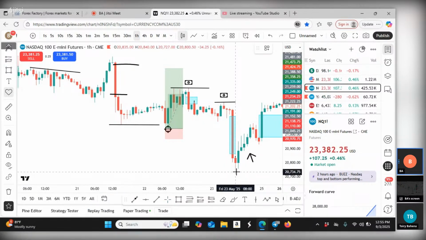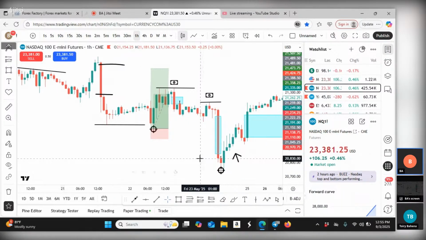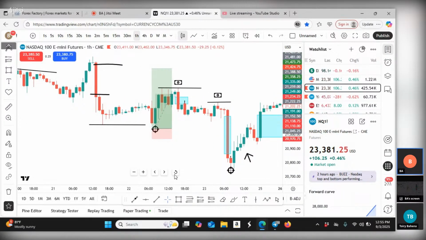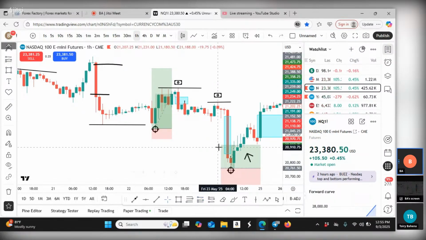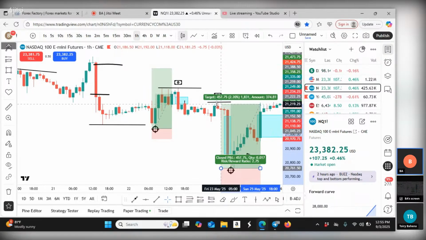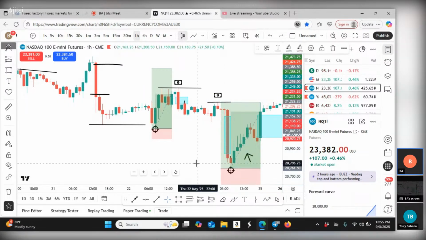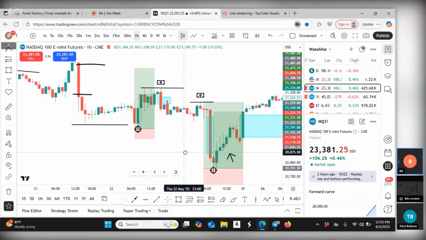Big money gonna always get the best entry. So say we lost that first trade, it gave us another opportunity, and we target right here. We just need our one or two. Boom, TP hit. You see what I'm saying?